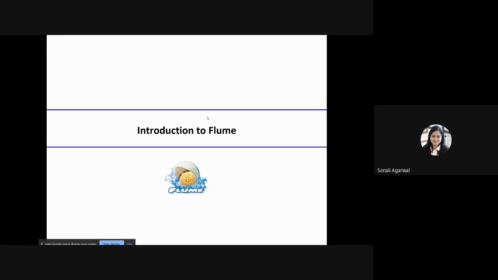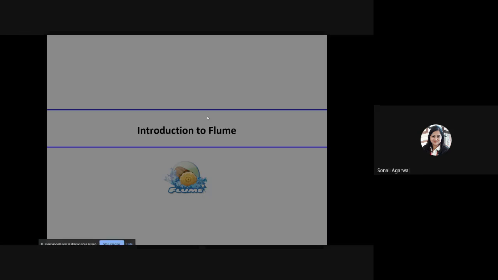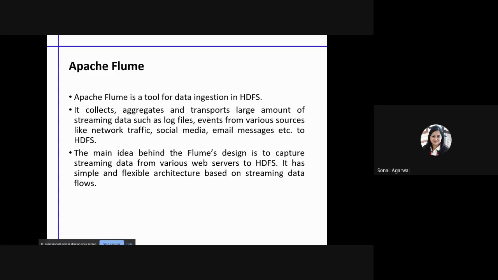Now I am coming to the next part, that is Flume. As I have told you, there was data at rest and now data in motion. If we are considering the situation where data is at rest, HDFS is good, where you can keep your data in multiple files, maybe in a static way.